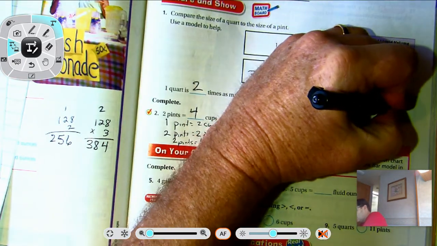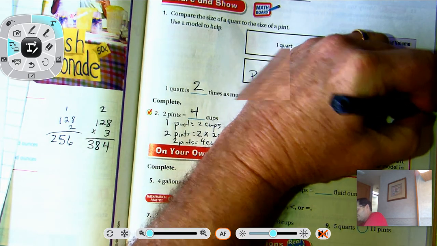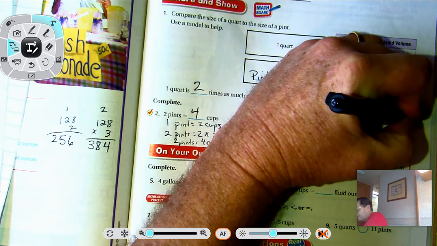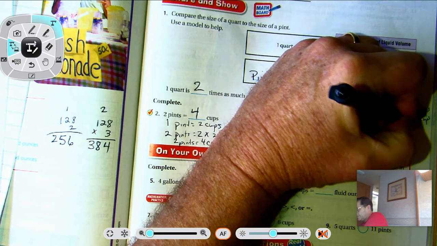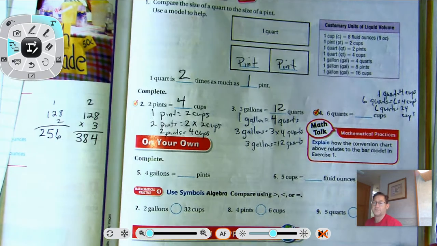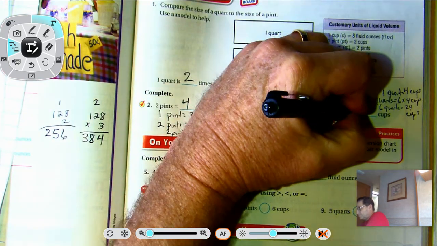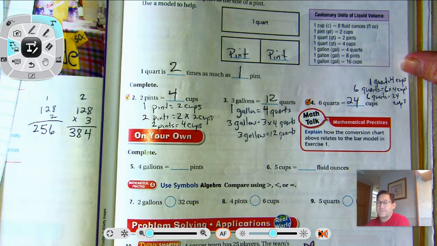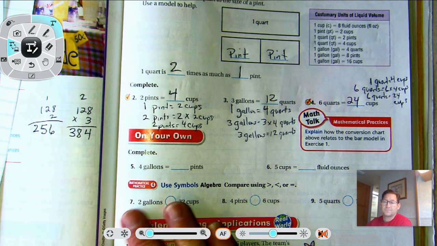So 1 quart equals 4 cups. 6 quarts equals 6 times 4 cups. 6 times 4 is 24. Okay, again, 1 quart is 4 cups. So 6 quarts would be 6 times 4, 24.